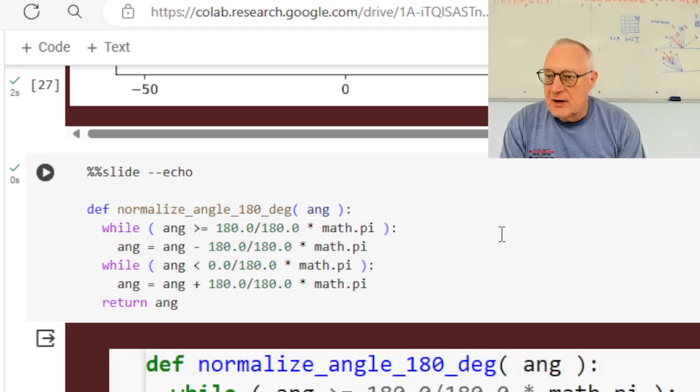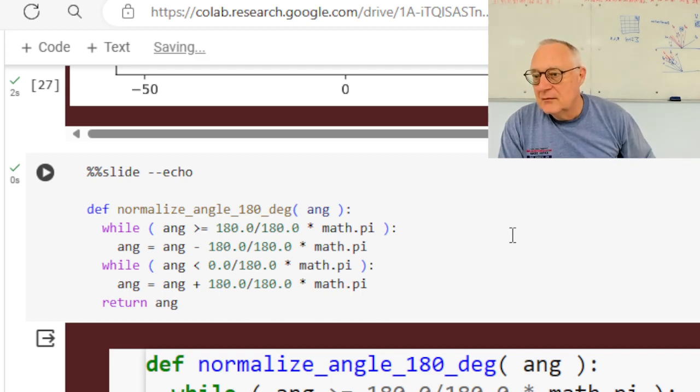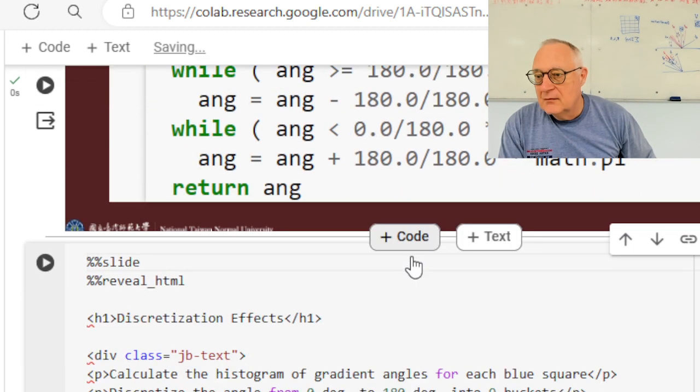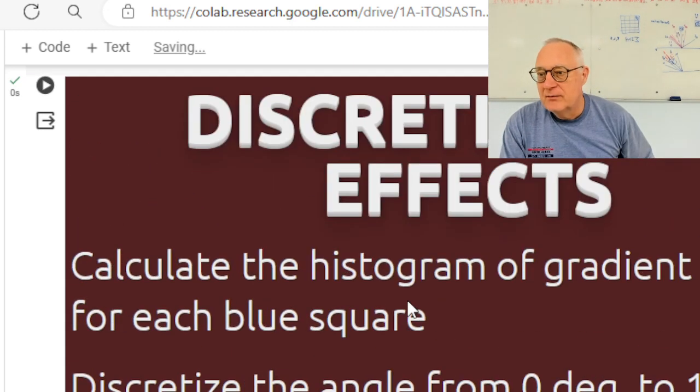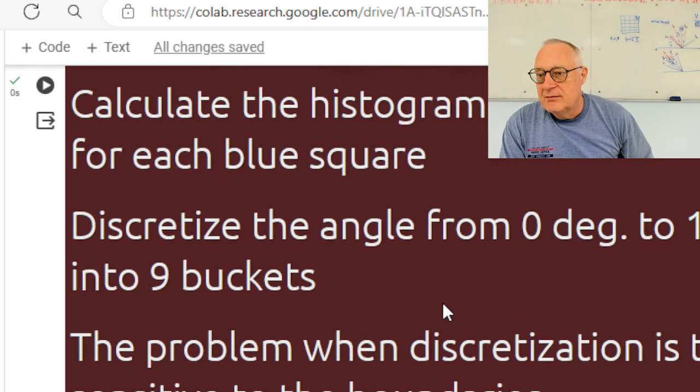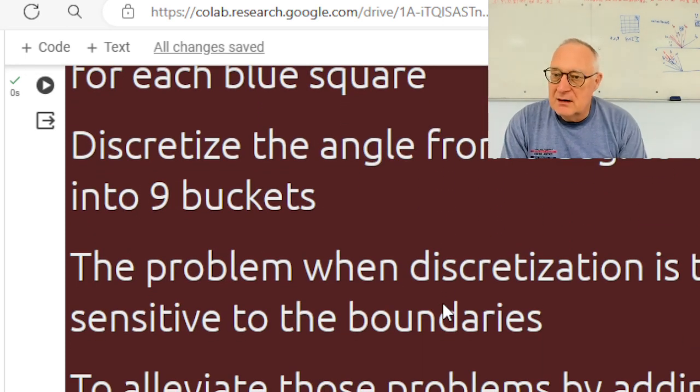So first we normalize our angle to 180 degrees. And then we need to deal with the discretization effects. Now we discretize the angle from 0 to 180 degrees into 9 buckets, which means each bucket is 20 degrees wide.